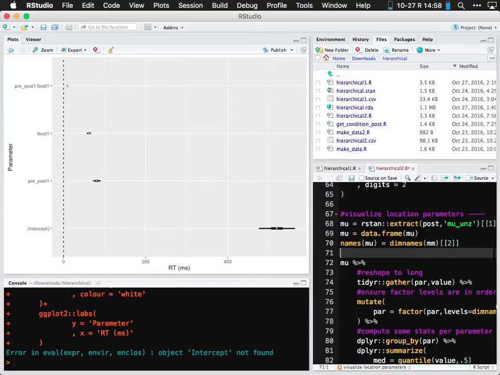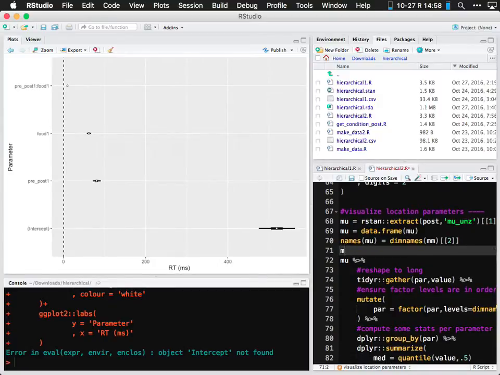The better way to do it, the one that's going to work, is to do it before even the piping. I wanted to avoid doing this because it is showing you something a little bit new, which is to subset a variable by using the square brackets. We want to keep all the rows of mu, so what goes inside the square brackets is what you want to keep in terms of rows and columns.